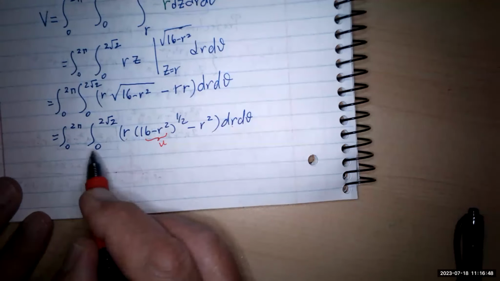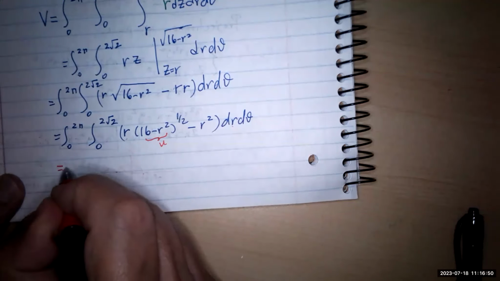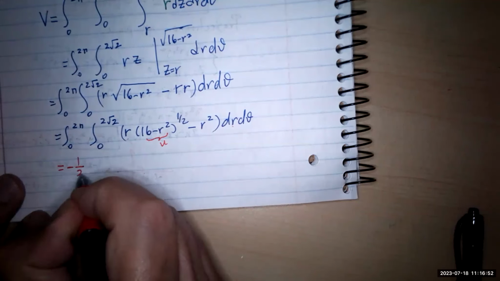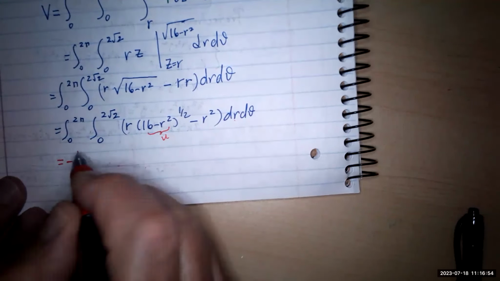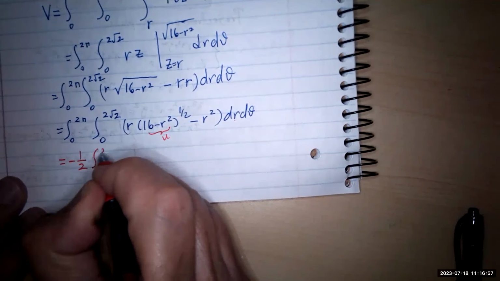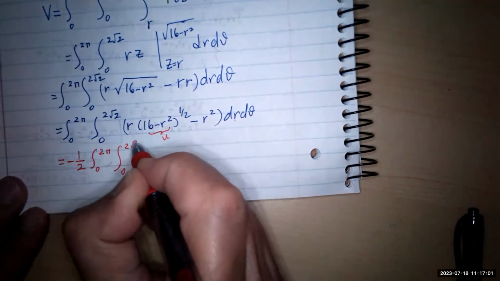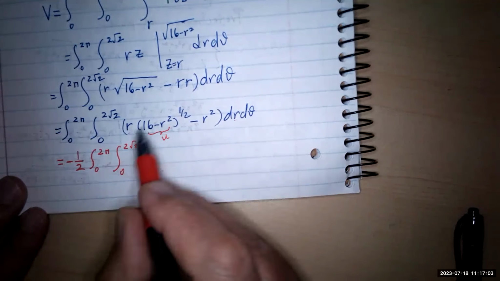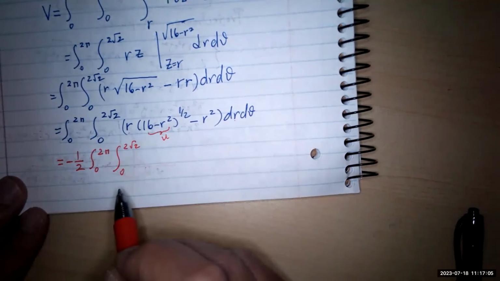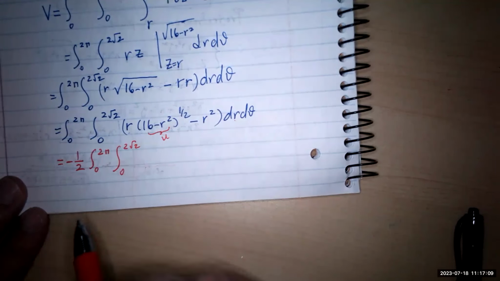So what I do is divide the outside by the negative 2. This is the way I do the substitution method, 0 to 2 pi, 0 to 2 radical 2.